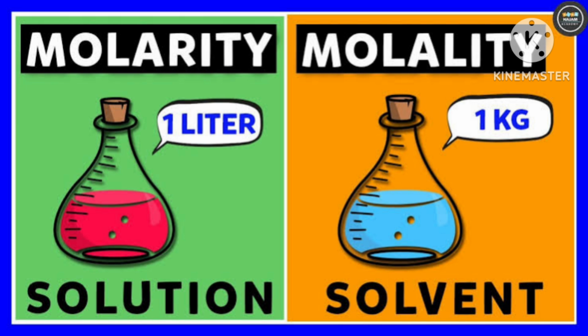Then first, to calculate mole, mass divided by molecular mass is equal to mole. Given mass divided by molecular mass of that substance is equal to mole. Then you convert it into mole first. Correct? These things you have to remember.